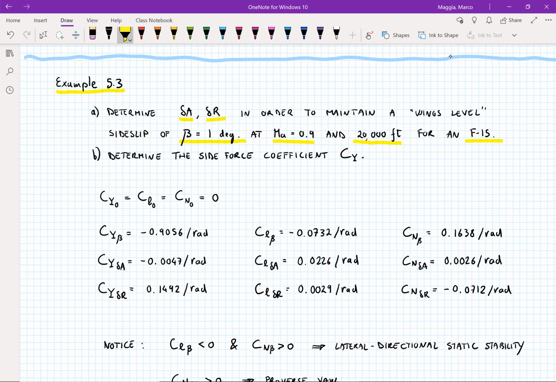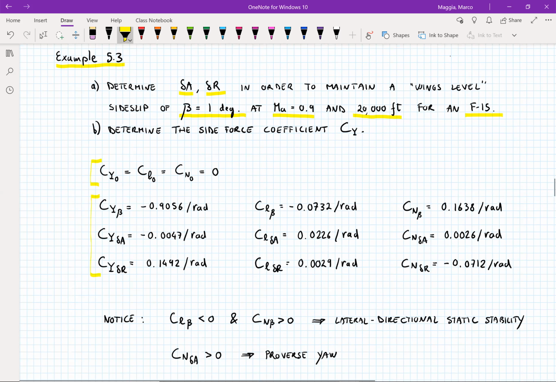But before applying that, here we have some more data. We have the zero coefficients. They're all equal to 0 since the F-15 is symmetrical. And then we have all the derivatives. Let's take a look just at the derivatives and their sign to see if that makes sense.